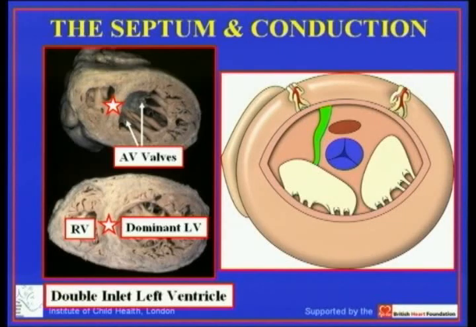And that dictates that the conduction axis, which you see here in green, arises, as in congenitally corrected transposition, from an anterior atrioventricular node. And the surgeons, when they tried to septate such hearts in the years gone past, they still try to do this in Japan. They know that if they're going to leave the pulmonary trunk connected to the right AV valve, the ventricular septal defect to the left AV valve, they have to cross the conduction axis.